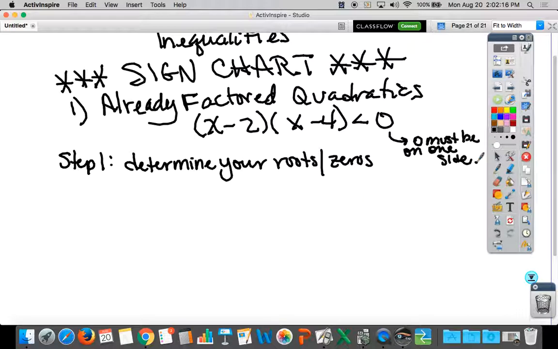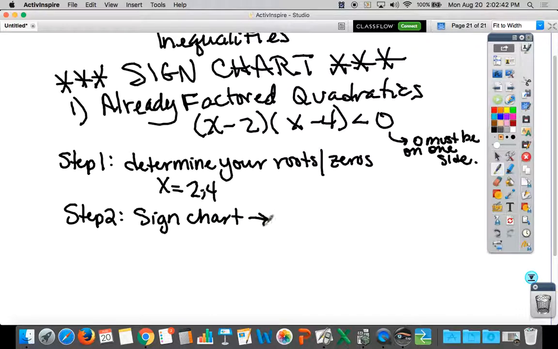Okay? So in this case, in step one, what are my roots or zeros? x equals 2 and 4. Now, the next thing we're going to do is we're going to make our sign chart.